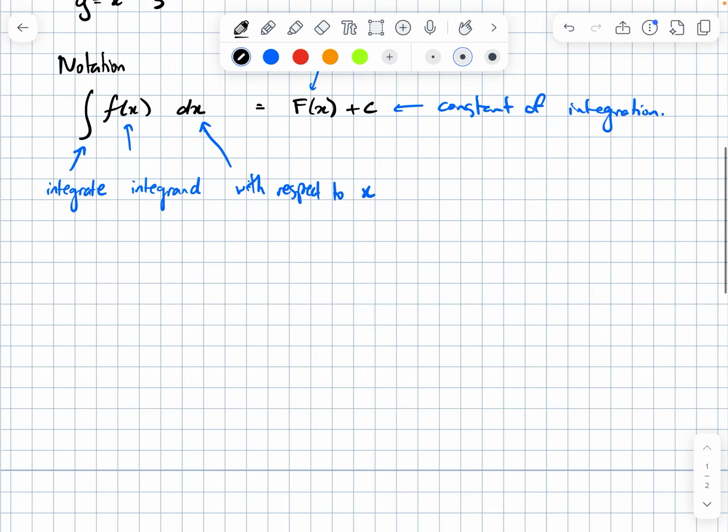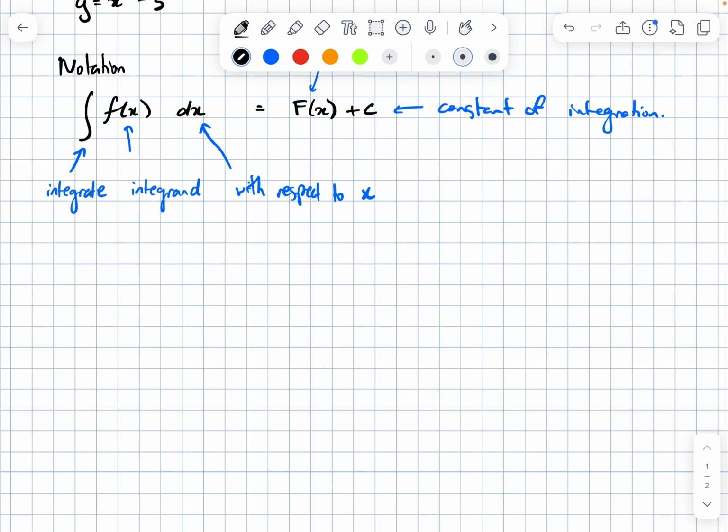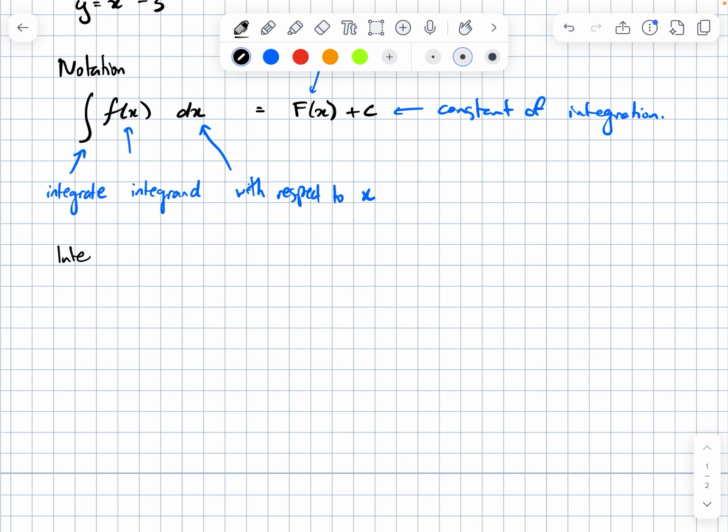So, a recap from last year, integrating powers of x. We talked about it before, you increase the power by 1 and then divide by the new power.